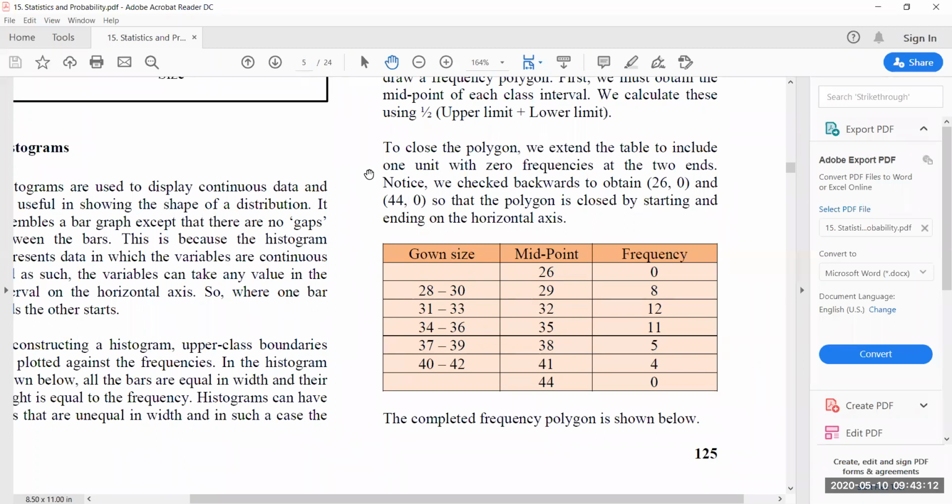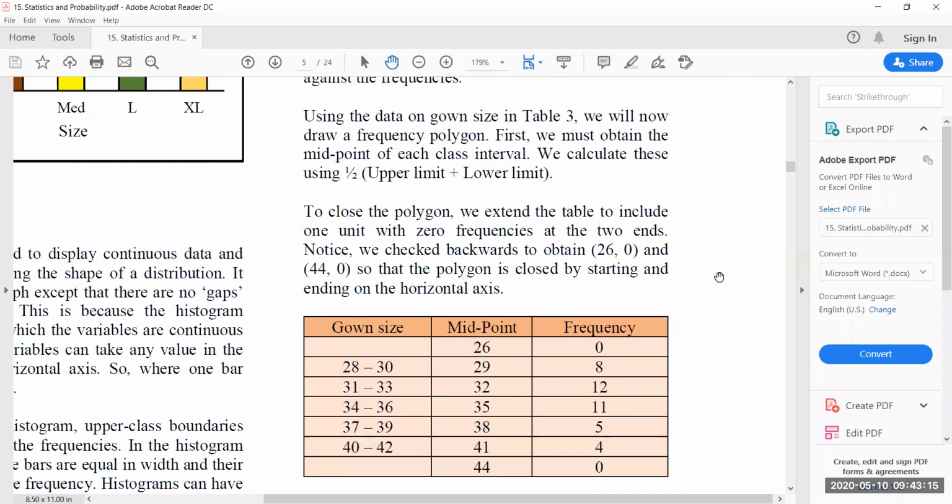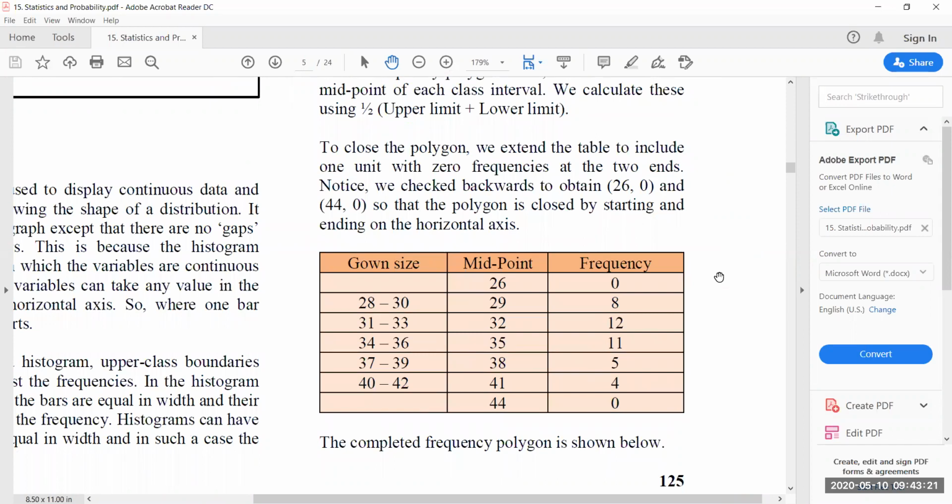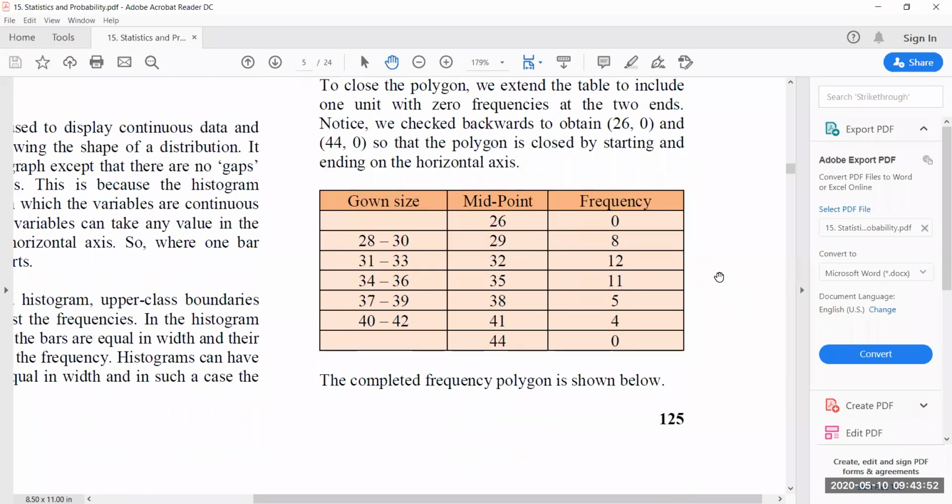No. The midpoint. What would be the midpoint here? What is the midpoint of 28 and 30? What is the value that is dead center in the middle of them? 29? And how did we get 29? 29 is between 28 and 30, half of it. Right. And then 31 and 33. 32. And well, it's obvious right there, it's on the screen, right? And of course, the frequency is the same as what we get from the table, right?